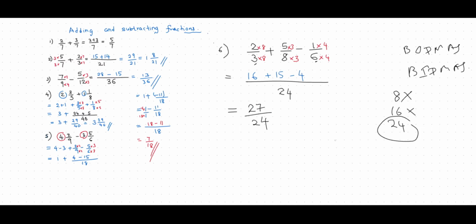We can simplify it further. Divisible by 3: 3 times 8, and this is 3 times 9. 9 over 8 is an improper fraction. Write it as a mixed number: 1 and 1 over 8.